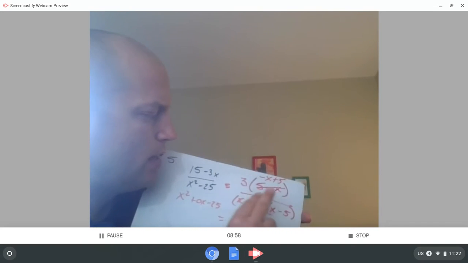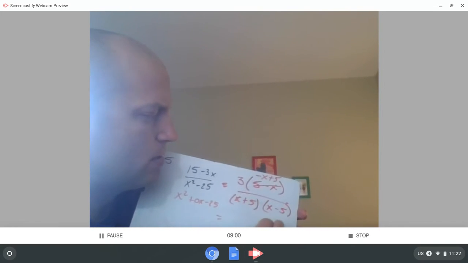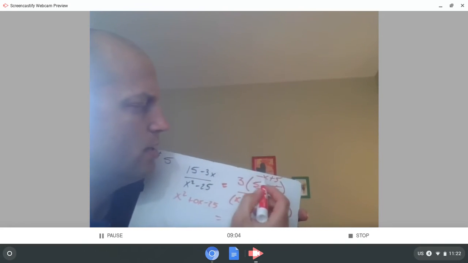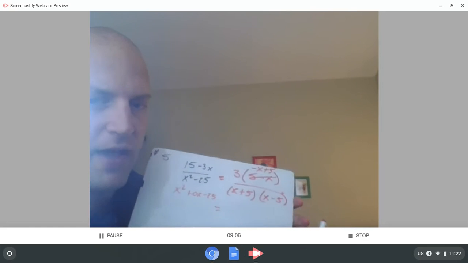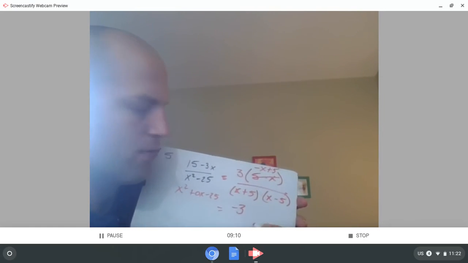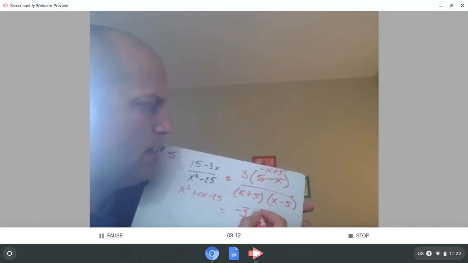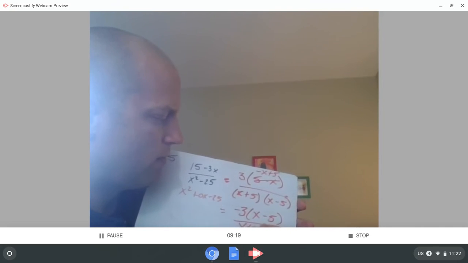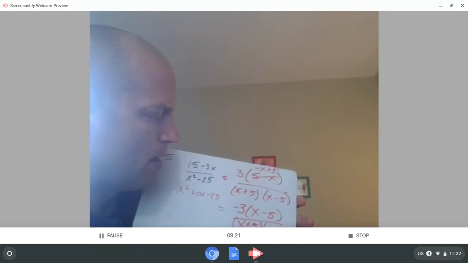Now, when I rewrite it, it still kind of looks like either one of these, but there's a negative in front, okay? So the trick is take out a negative, factor out a negative. So this 3 is really negative 3, okay? And now change all these signs. So that's a positive x minus 5 all over that x plus 5, x minus 5.